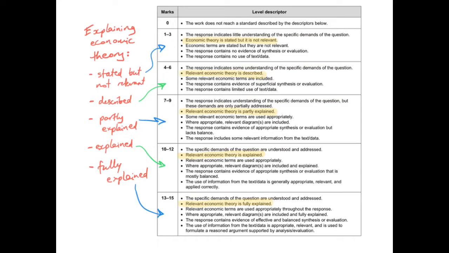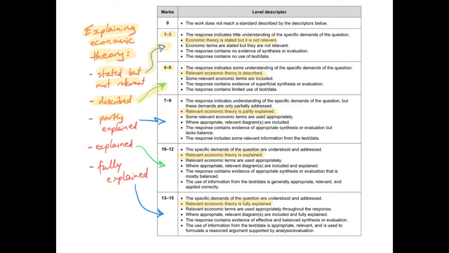The second skill is your ability to explain economic theory. Again, there are 5 levels. If you have stated some economic theory, but this theory is not relevant, that's level 1, the lowest level, between 1 to 3 marks. If you have described very briefly the economic theory, that's only level 2, between 4 to 6 marks.